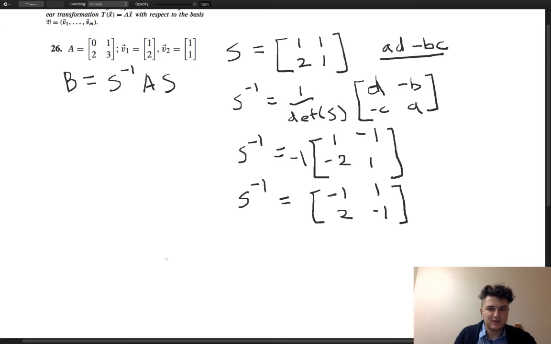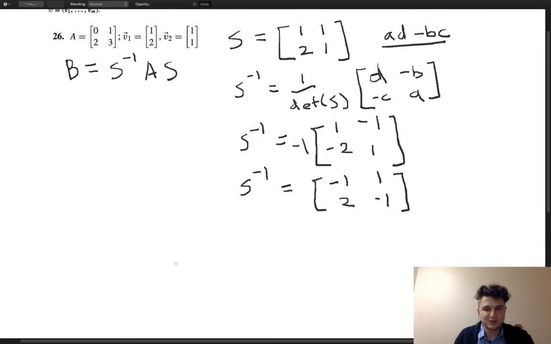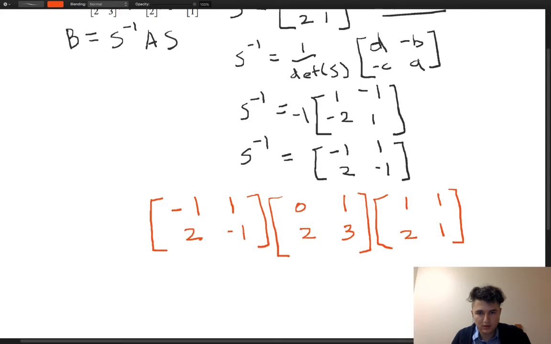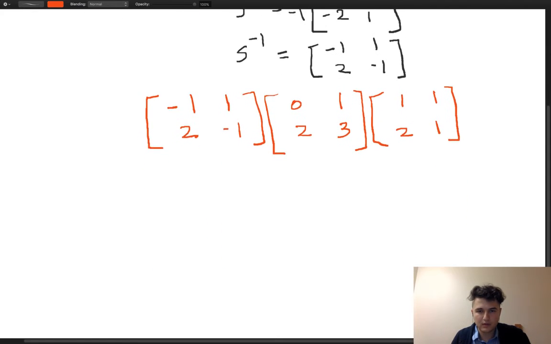Now this just comes down to matrix multiplication and not messing that up. In this case, we're going to have [1, 1; 2, negative 1]. Then our A is [0, 1; 2, 3], and then our S is just [1, 2; 1, 1]. Great.